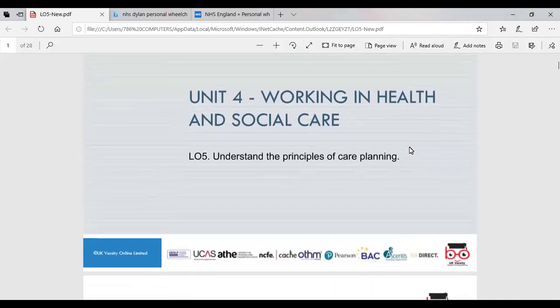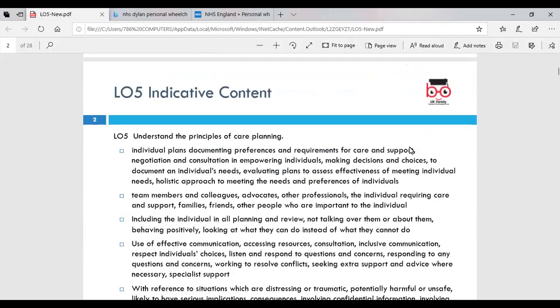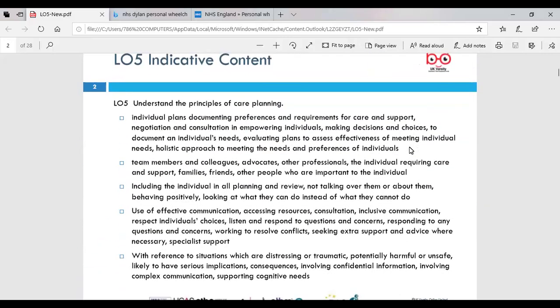So the principles of care planning, a bit about what we'll cover in this. Individuals have their plans, documents that show their preferences and requirements, if you've taken it as patient-centered care, and support, negotiation, consultation, empowering the individuals.